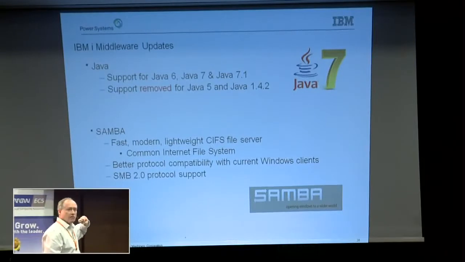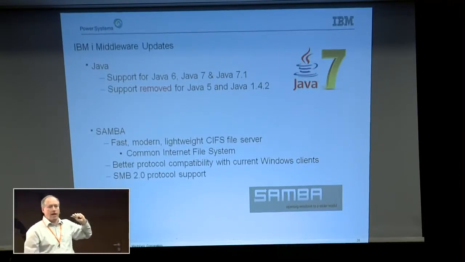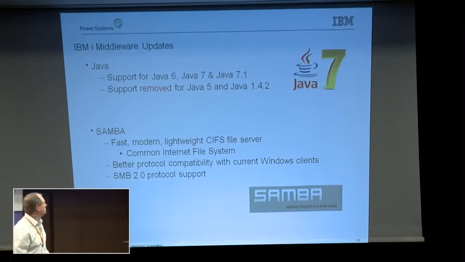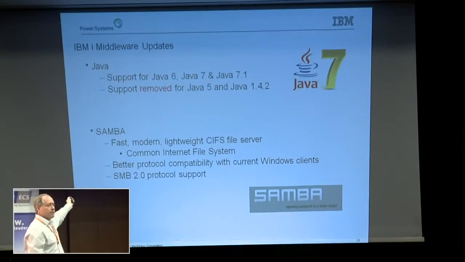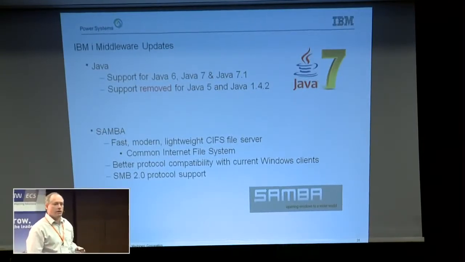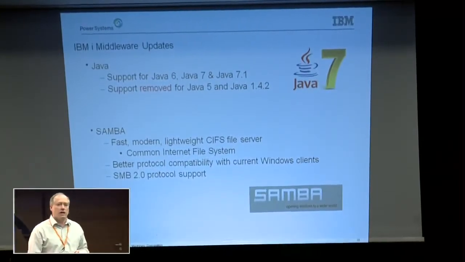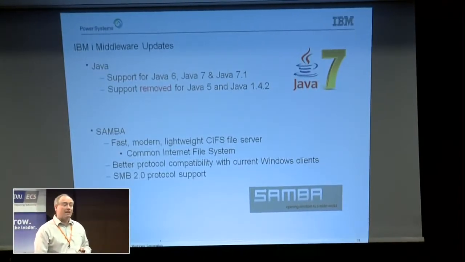Java 5 has been out of support by Oracle for quite a while now. Didn't make sense for us to continue that on 7.2. If you use NetServer today for doing IBM i to your PC files, we now have the open source Samba. It's another alternative. It's much faster. Something that you could consider.